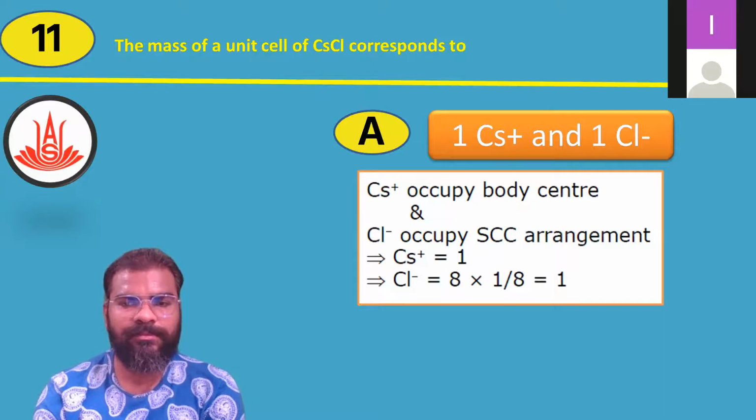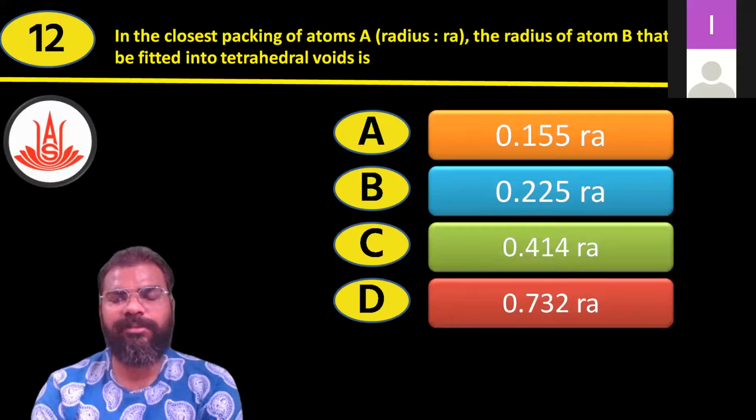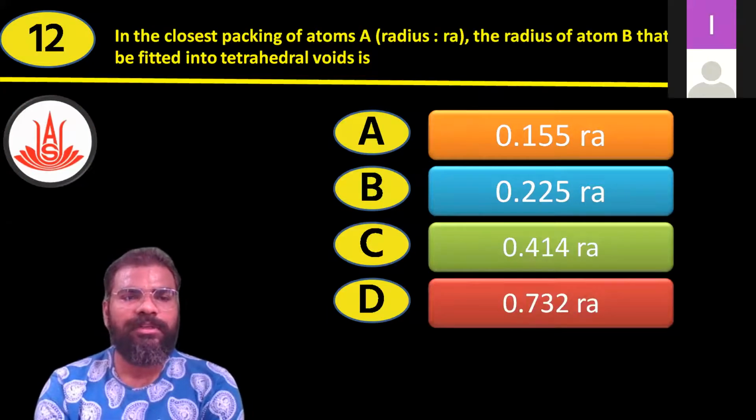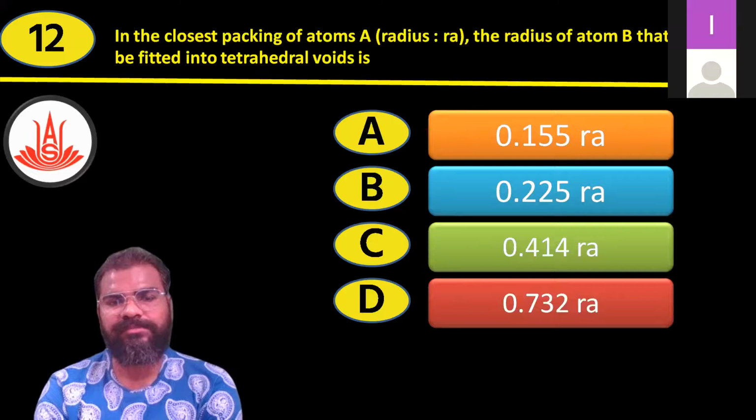Next question, that is question number 12. In the closest packing of atoms A, radius is Ra.